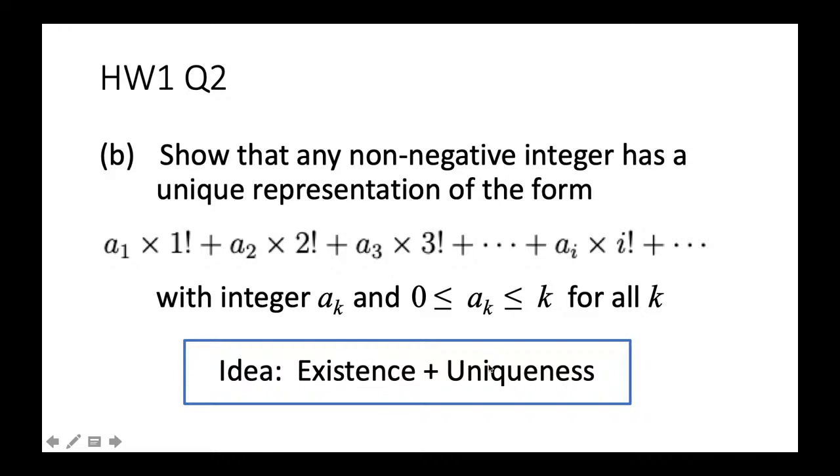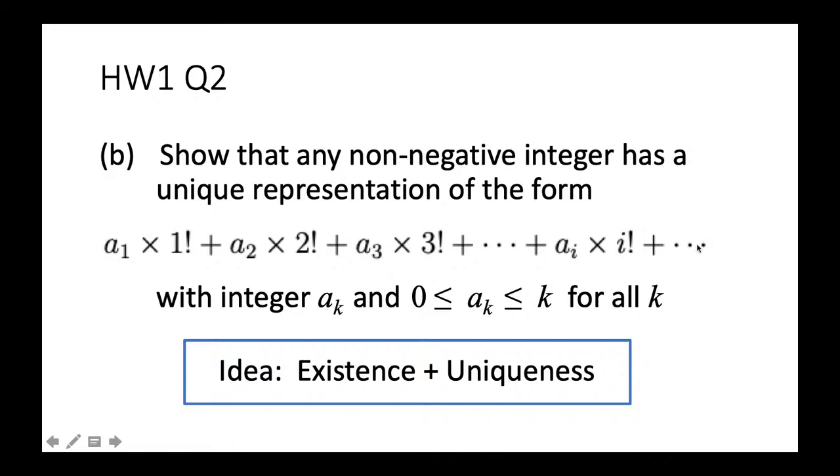And then we also need to show that it is unique, because we want to show the uniqueness. Now, the existence we can show by using induction. We will show that any number that is at most n plus 1 factorial minus 1, so strictly less than n plus 1 factorial, can be represented in a particular way using only a1, a2 up to an.